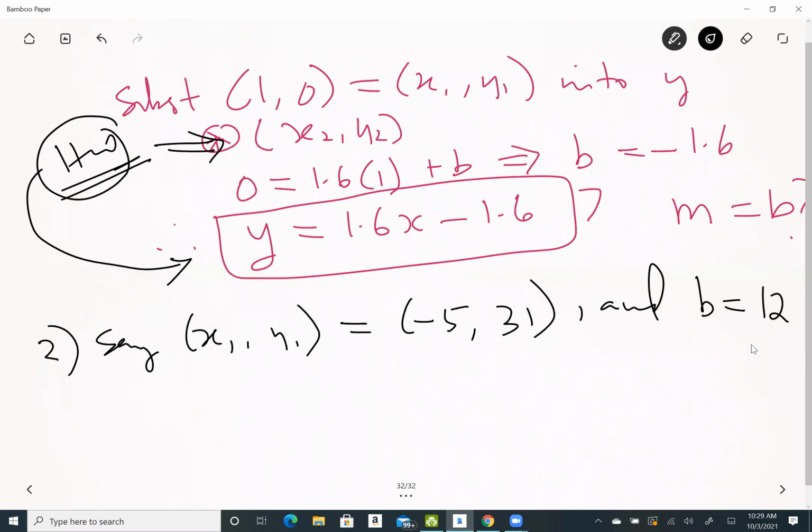So how do you get the function? Again here, you already have b, so you need to find the slope.